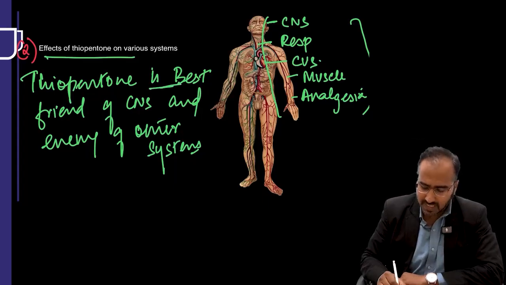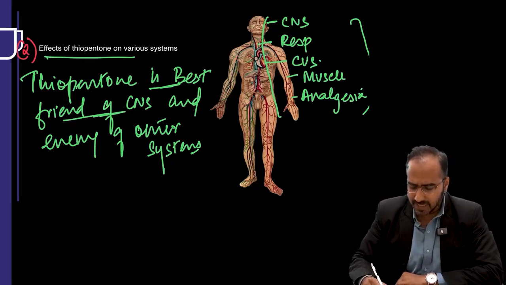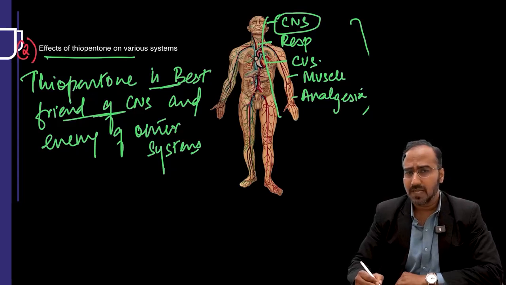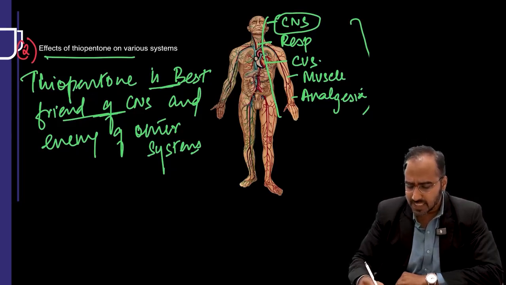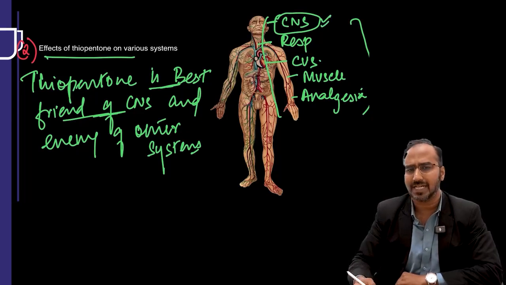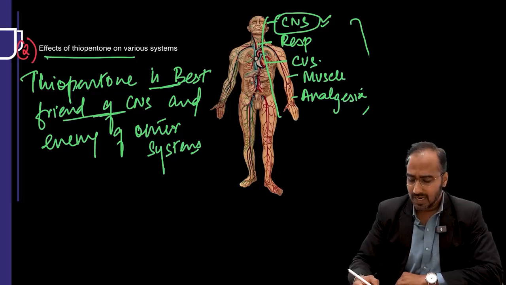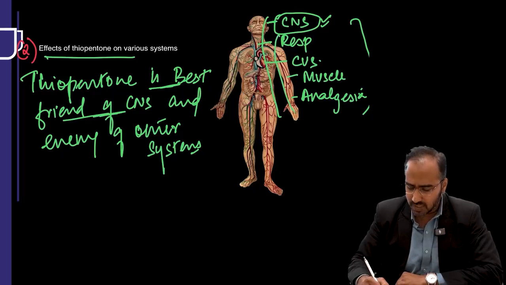When I say best friend of CNS, what does it mean? It is beneficial for the CNS, or it can be used as the IV induction agent of choice for CNS problems. Hence, it is a best friend. Okay. Enemy of other systems means what?